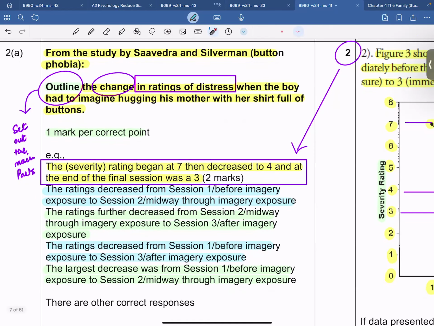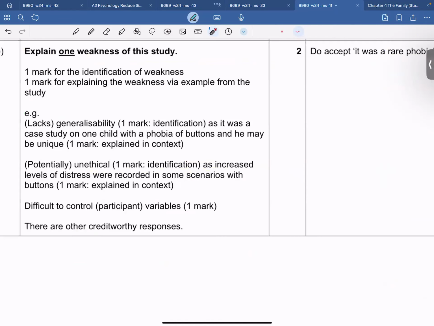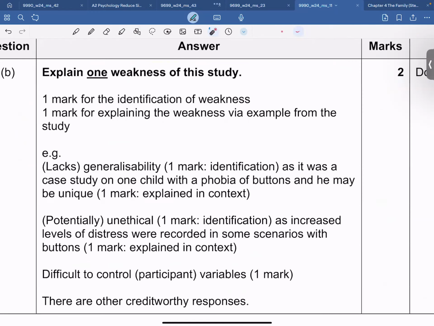Now, quickly moving on to the second part of this question: explain one weakness of this phobia study. When the examiner uses the word explain, the examiner wants you to set out purposes or reasons, or make the relationships between things clear, or say why and or how, and support with relevant evidence.